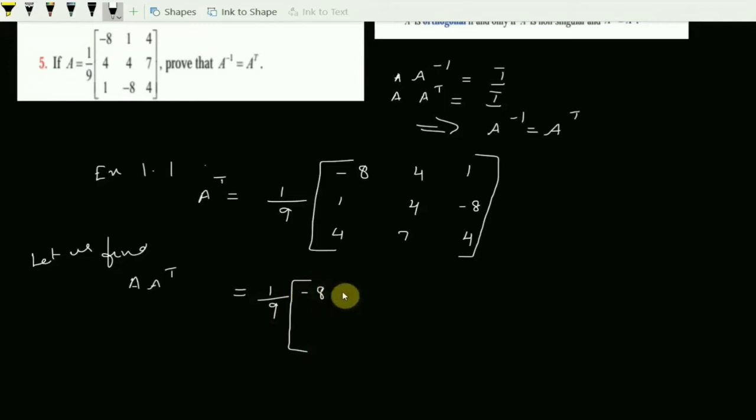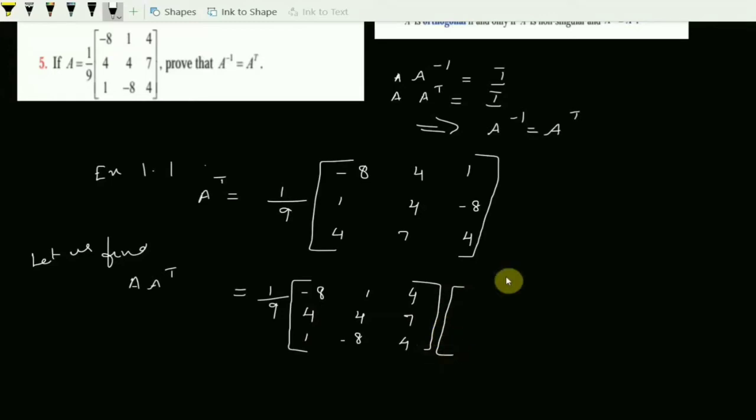Minus 8, 1, 4. Second row is 4, 4, 7. Third row is 1, minus 8, 4. Into A transpose.